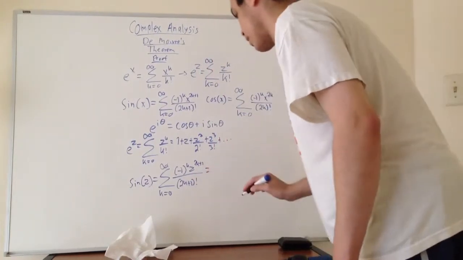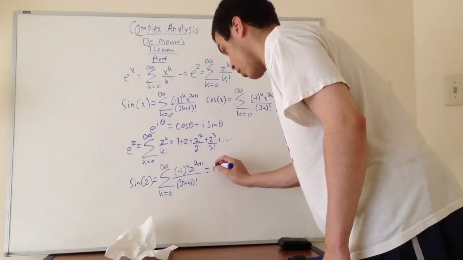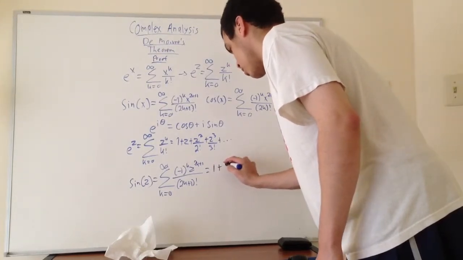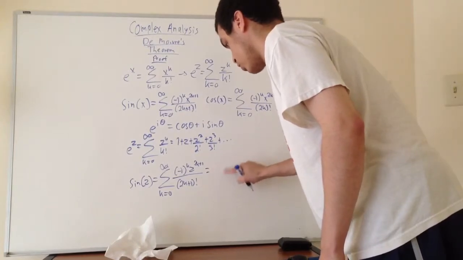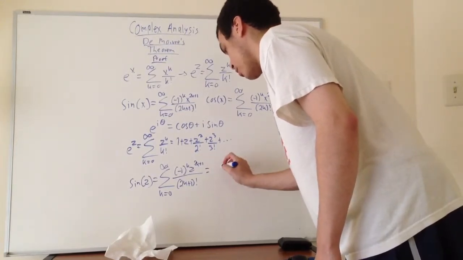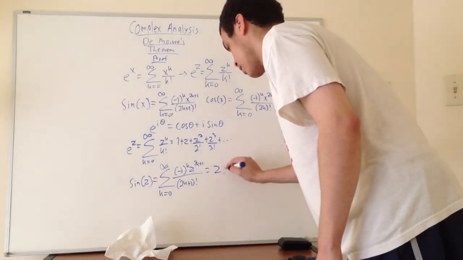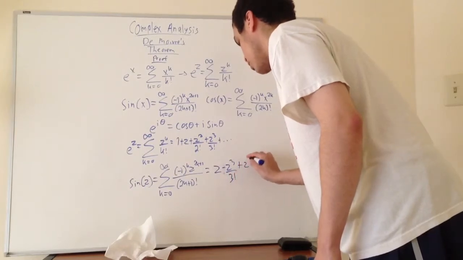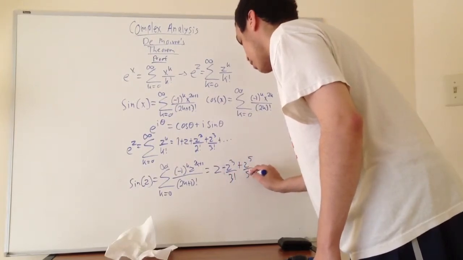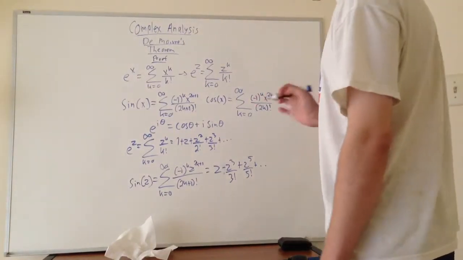If you want to expand that out, you first just have z minus z cubed over 3 factorial plus z to the 5th over 5 factorial, and so on and so forth. That's the expansion for sine of z.